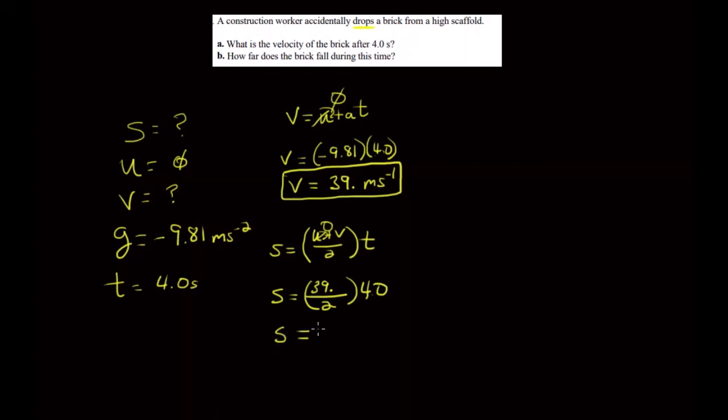So s equals 39 divided by 2 times 4 comes out to be 78 meters. Almost 3/4 the distance of a football field. That is a tall building right there.